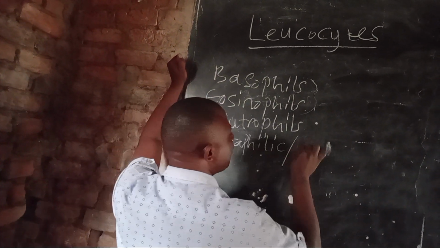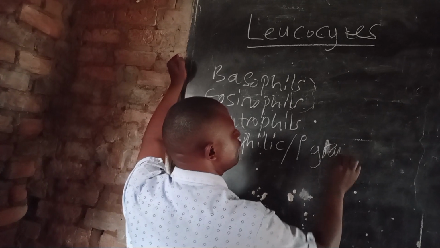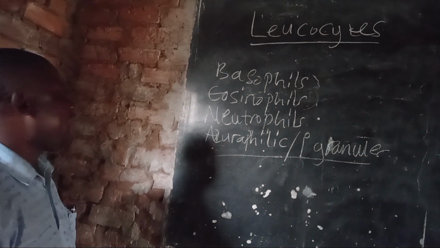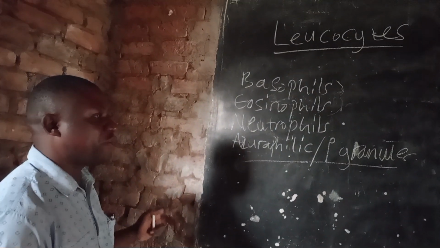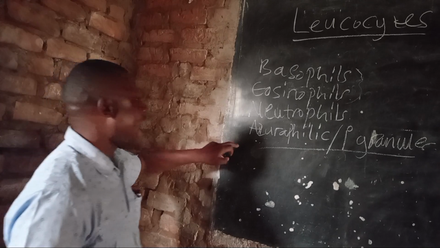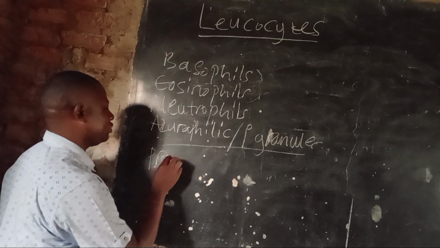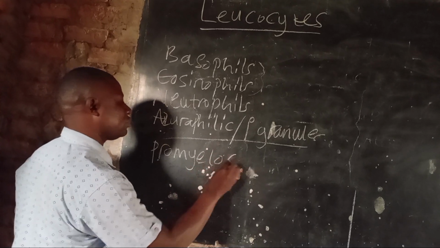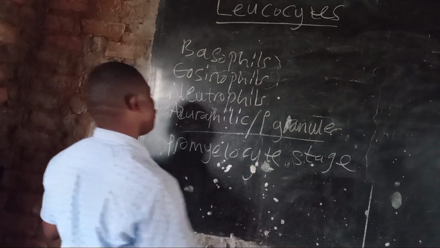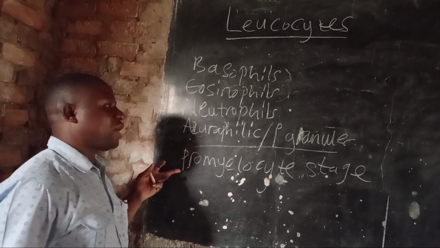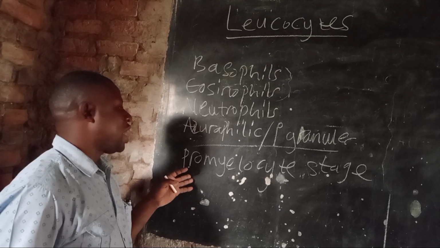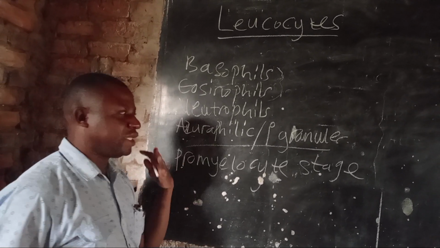These ones appear from the starting of the formation of the neutrophil cell, but they don't go beyond the promyelocyte stage.